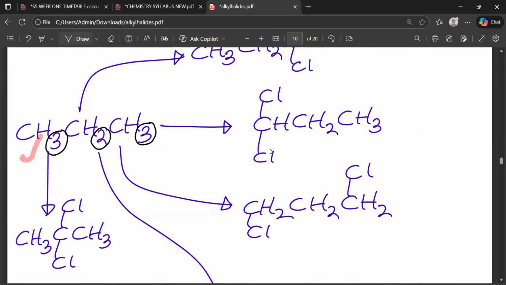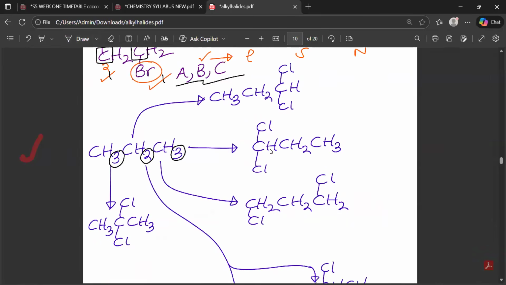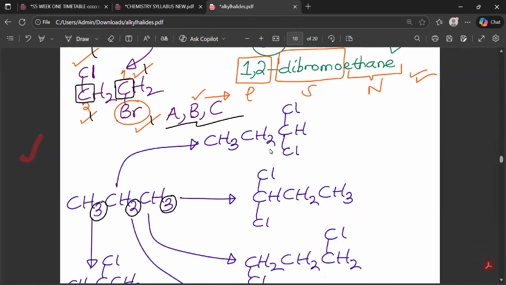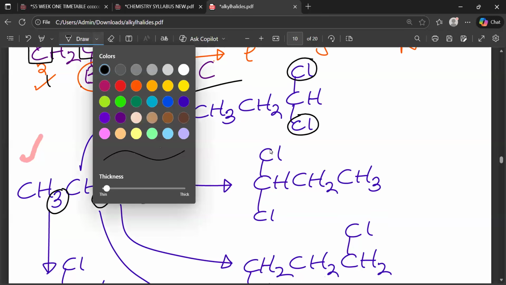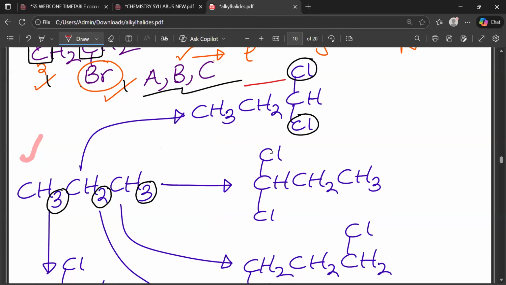So I want us to look at the nomenclature. The nomenclature is very easy. We prioritize the functional groups. You all know that. Because here the Cl and the Cl are on the same carbon and it is the last one, this is the direction we shall take, this one. Why?